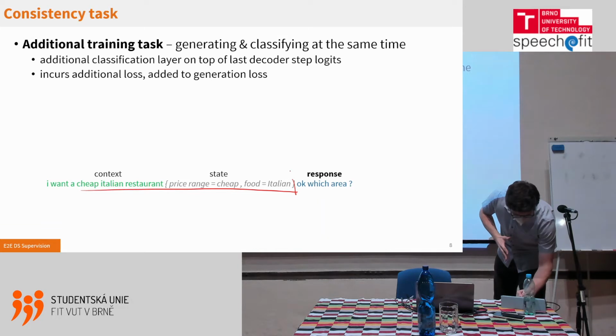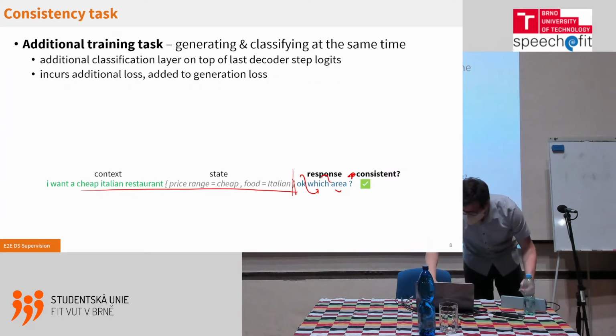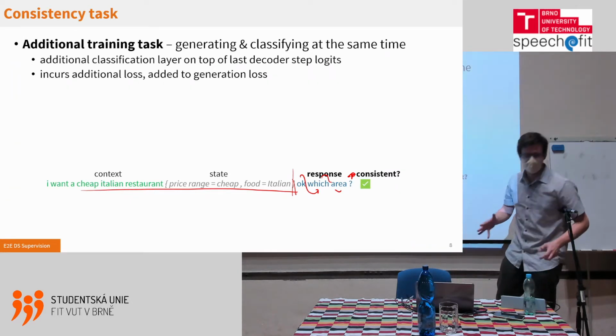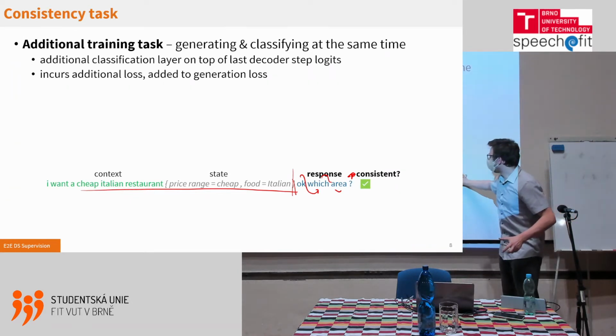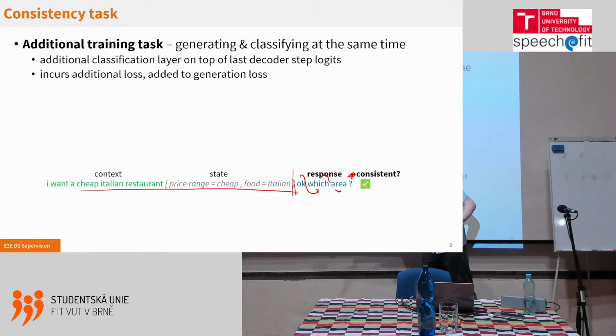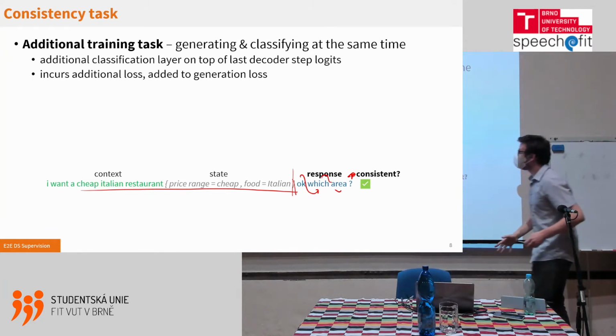You just feed it with this, and then generate word by word. After you generate the final token, you have an additional binary classifier checking: was this response consistent with this context and this dialog state?